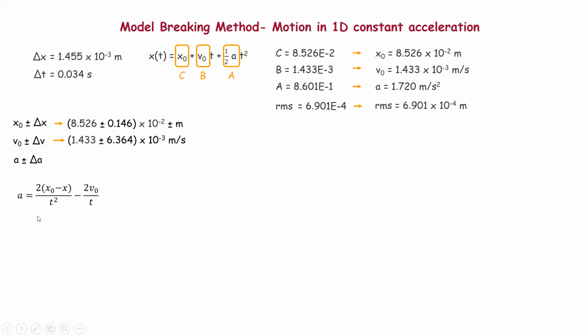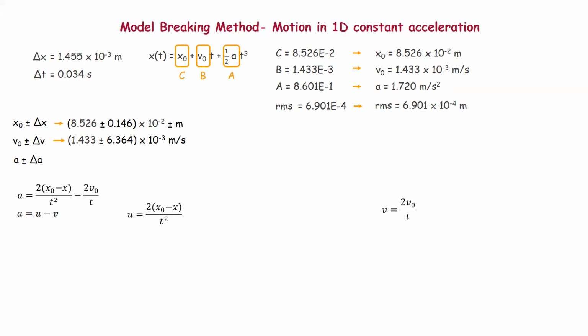The first thing to look at here is that the acceleration is a sum of two expressions. Let's rewrite the acceleration as u minus v. We call the term 2 divided by t squared multiplied by x minus x0 as u, and 2v0 divided by t as v.